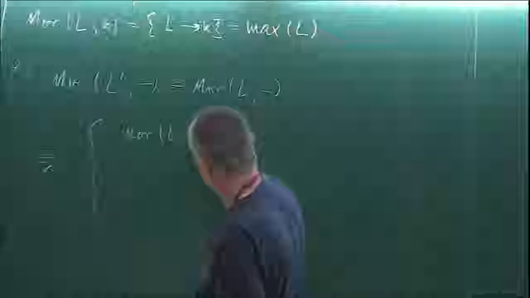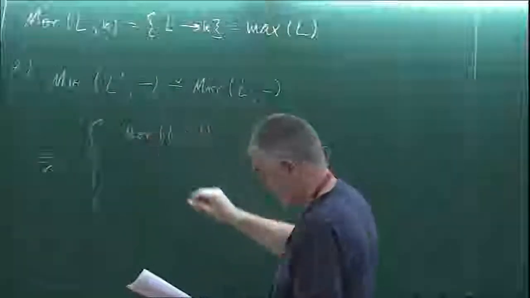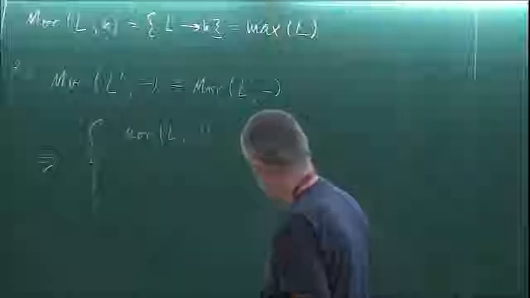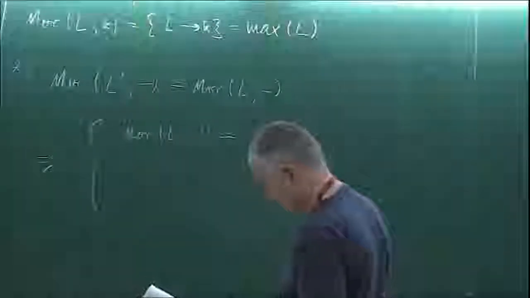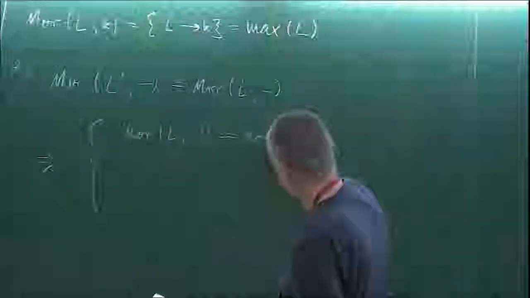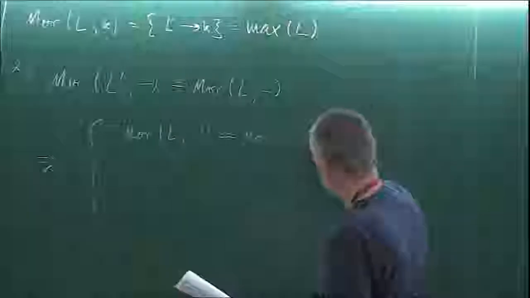Morphisms from L to L prime, I put in L prime here, is isomorphic to, as a set then, so it's in fact a bijective correspondence with the morphisms from L prime to L prime.